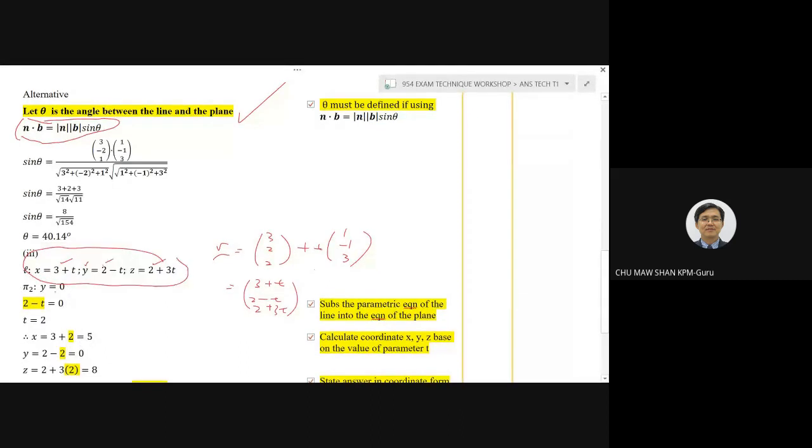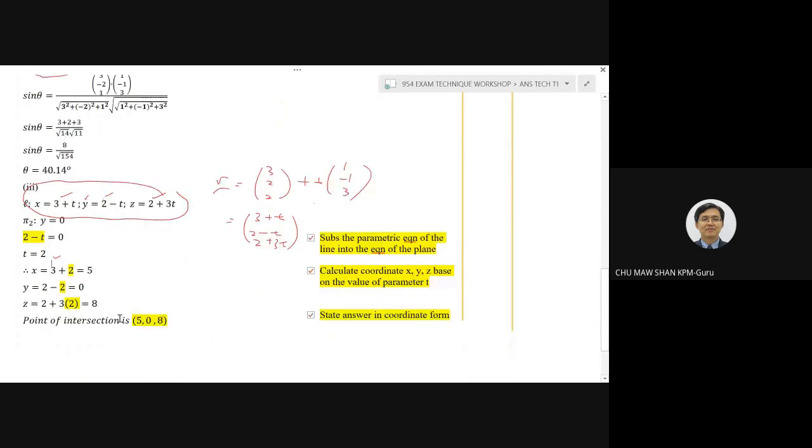The equation of the plane is very simple, y equal to zero only. So you substitute your y: 2 minus t equal to 0. You get t equal to 2. If t equal to 2, then you can evaluate the point by substituting the t into the parametric equation. Then you get all the coordinates x, y, z and write your answer. That is one alternative.